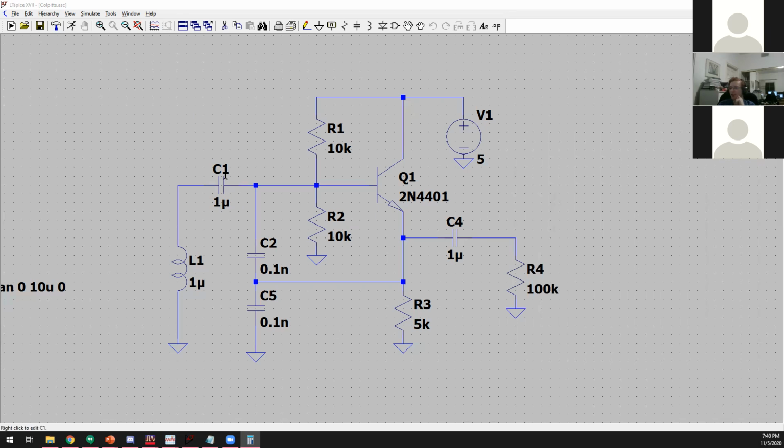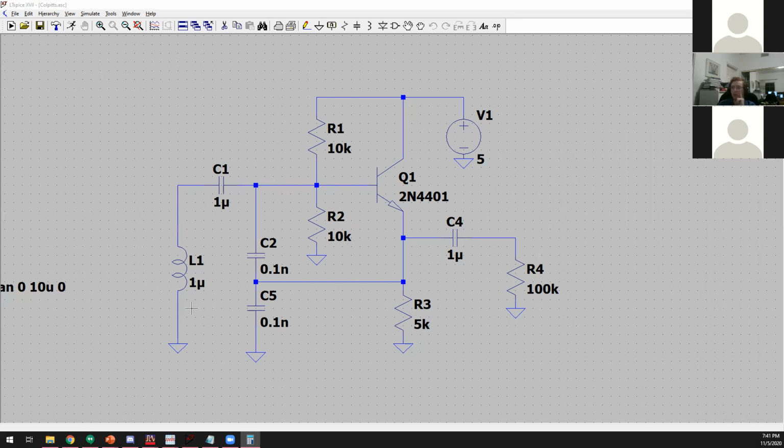And I'll explain C1. So why is C1 there? If we didn't have C1 there, then what would the base voltage be at DC? Anyone take a guess? 2.5. No, so that's the problem. If we did have the capacitor there, then yes, it would be 2.5. But if we got rid of this capacitor and just shorted from one side to the other, then we have an inductor that's connecting the base to ground.